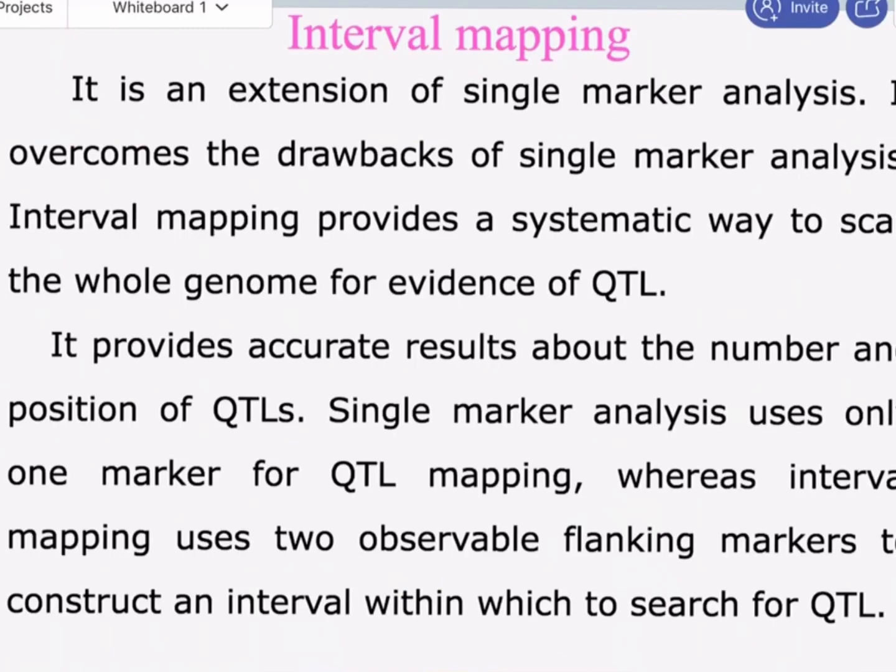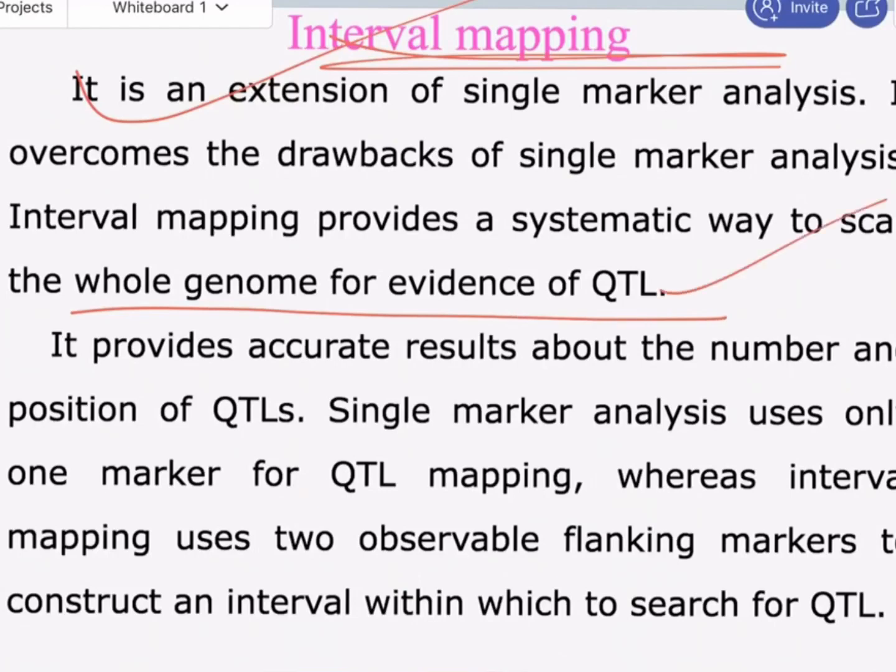Now, to overcome the drawbacks of single marker analysis, interval mapping, an extension of single marker analysis, is used. It provides a systematic way to scan the whole genome for evidence of QTL. It provides accurate results about the number and position of QTLs in the genome.